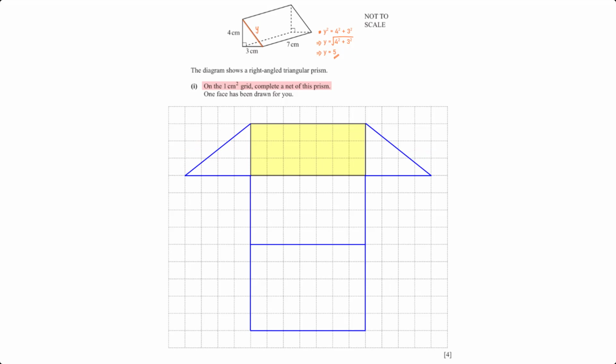The bottom rectangle would be connected to the rectangle with dimensions 7 centimeters by 4 centimeters because these sides of the triangles with length 4 centimeters need to be the same as the width of the rectangle. The final face of the prism with dimensions 7 centimeters by 5 centimeters would be connected to the bottom.